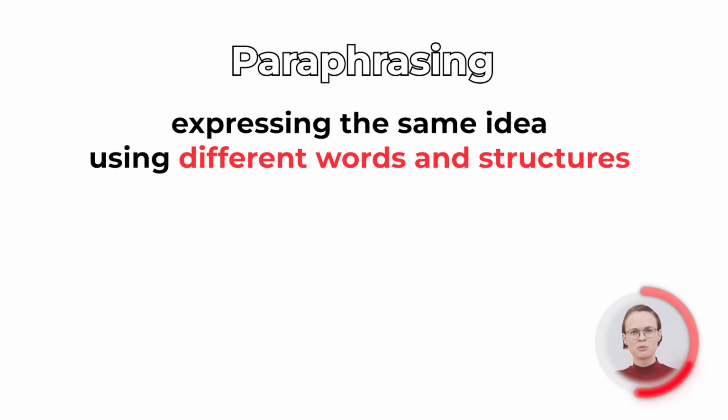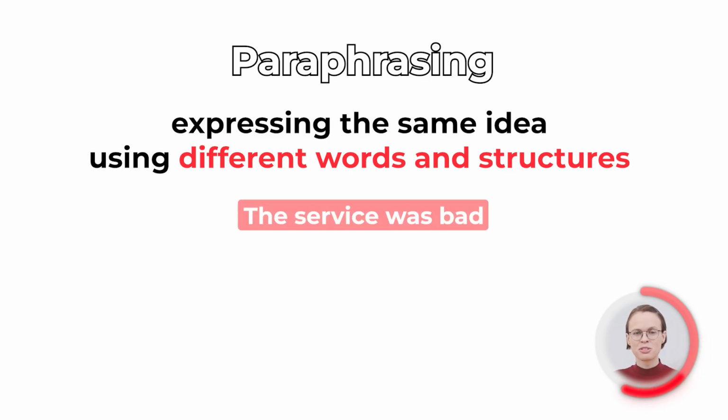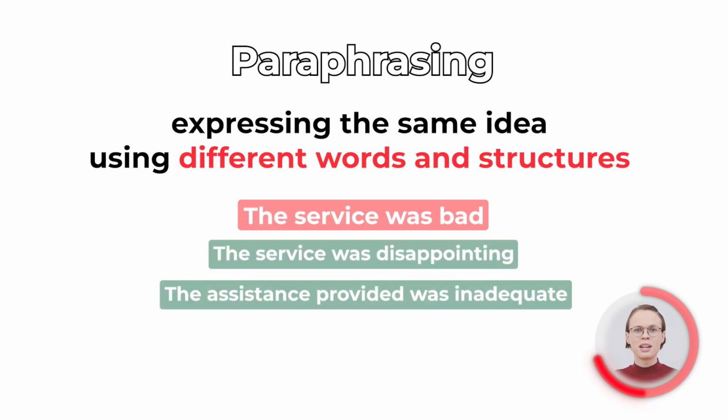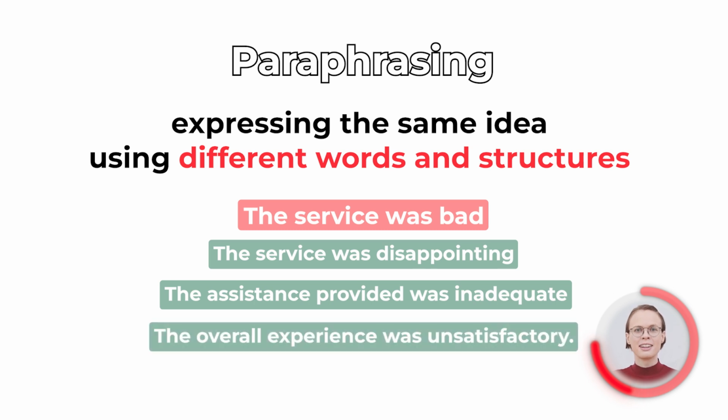For example, rather than writing "the service was bad" multiple times, you could write "the service was disappointing, the assistance provided was inadequate, and the overall experience was unsatisfactory." This variety demonstrates your lexical range and contributes significantly to achieving CLB 7+.